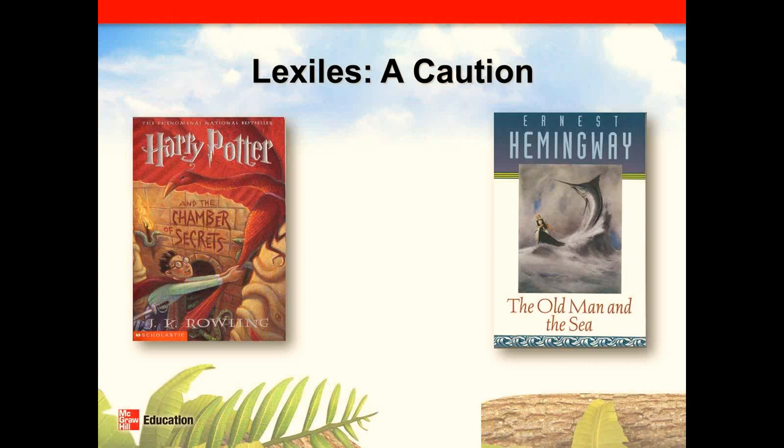You all love this one, which you'll see based on the Lexile formula, using sentence length and unique words, Harry Potter and Hemingway's The Old Man and the Sea have the same Lexile score. Yet, clearly, Hemingway is much more complex for younger readers who can easily enjoy Harry Potter. This is where qualitative features and reader and text considerations come into play.